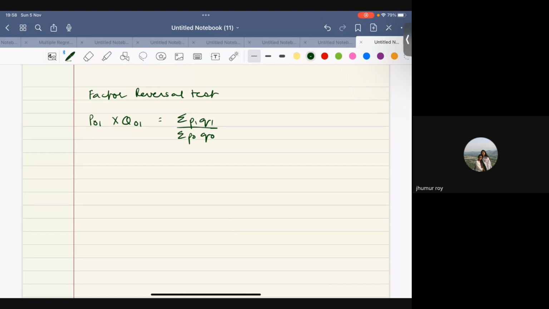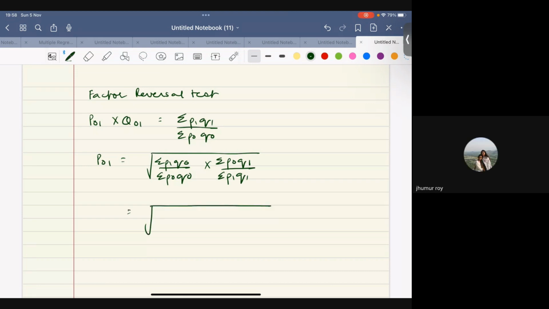Where you have written P, you will write Q, and where you have written Q, you will write P. For example, P01, you have written sigma P1 Q0 divided by sigma P0 Q0 multiplied by sigma P0 Q1 upon sigma P1 Q1.